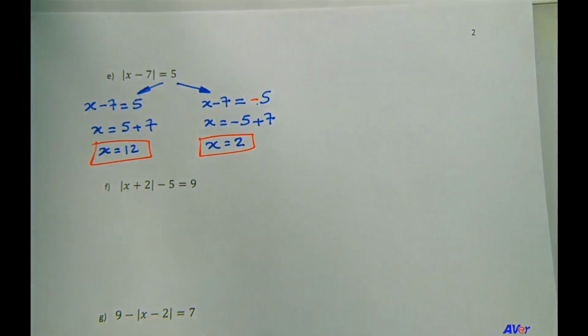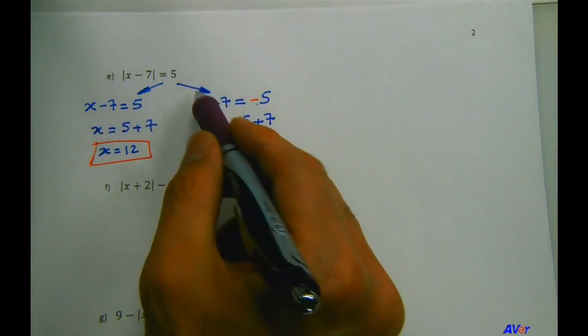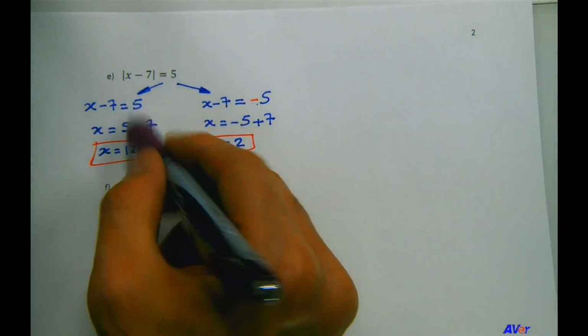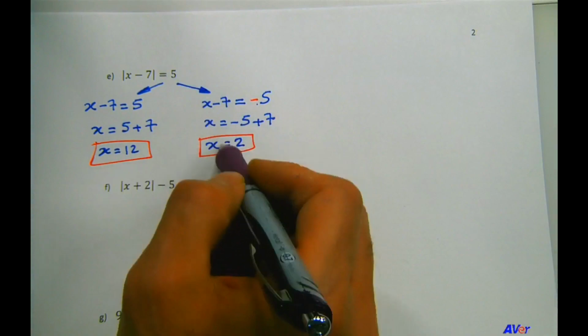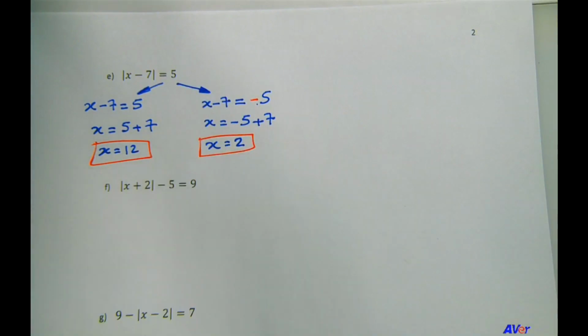Do you have to check these? No. You can check them, but if you've done everything correct, these numbers must be correct. It's not like the radical expressions and the rational expressions which we saw in the previous video in section 3.4.